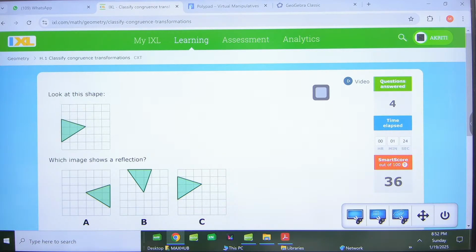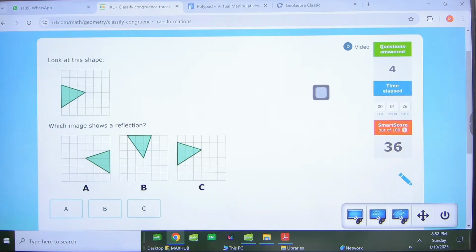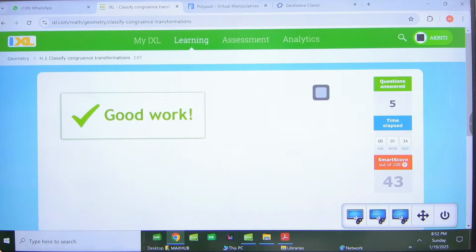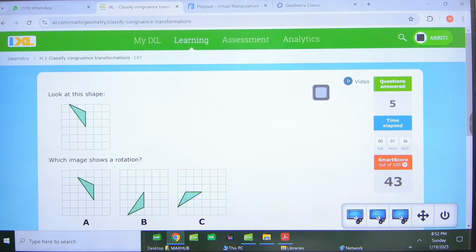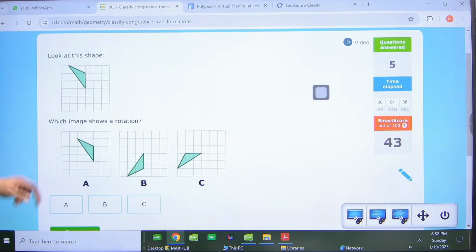Okay. Which image shows the reflection? A. Look at this shape. Which image shows the rotation? B. B? Yep.